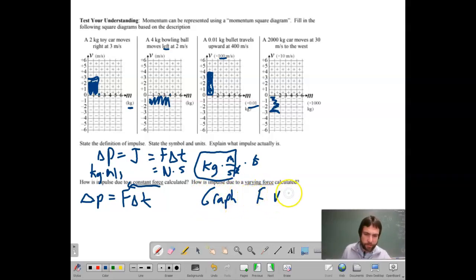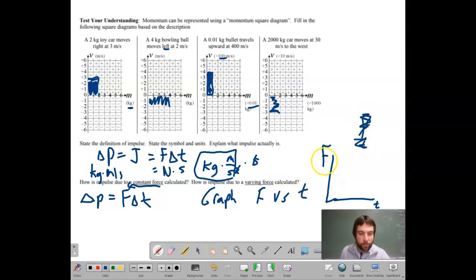F versus t. And when we graph F versus t, do you remember what the slope is of F versus t? If you do, you'll have to remind me because I don't know what F divided by t is. That doesn't make any sense to me. Instead, what I do know is F times my change in time.